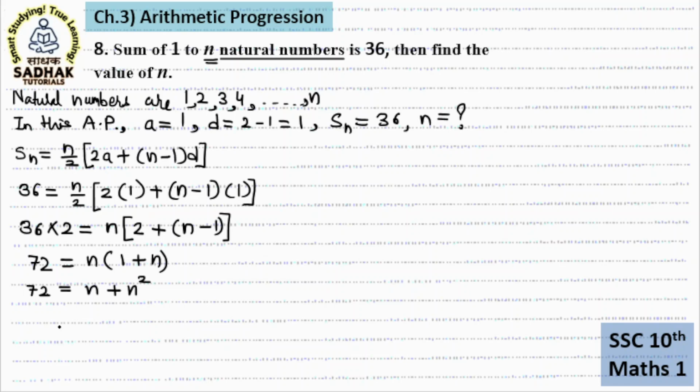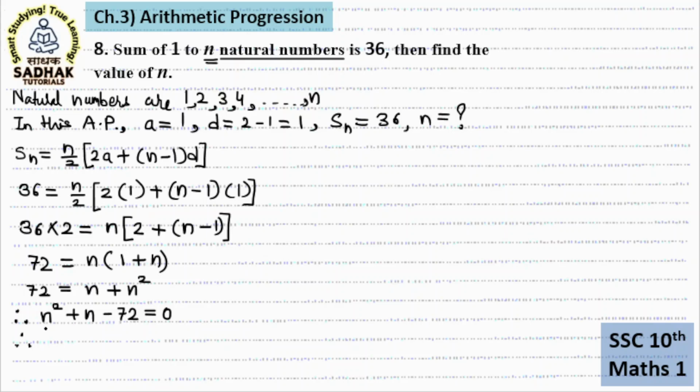So now here we are having a quadratic equation, which is something that we have done in chapter number 2. So we have n square plus n minus 72 is equal to 0. Okay, so this I have written in the form of a quadratic equation. Now we have to solve this quadratic equation. The easiest way of finding the roots of a quadratic equation is by splitting the middle term.